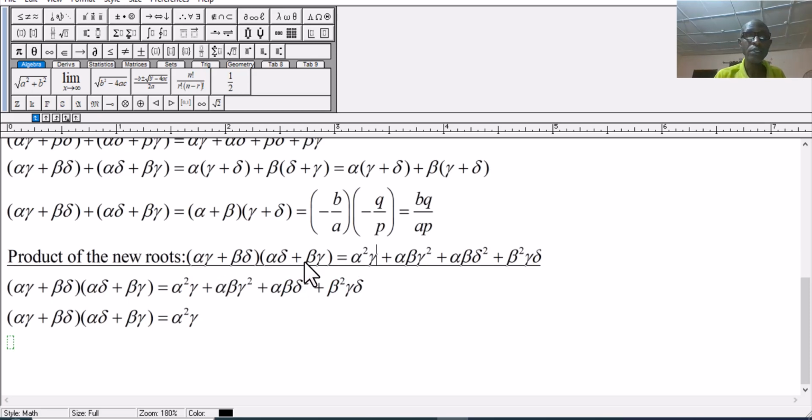Alpha times this is alpha squared, this is gamma delta.